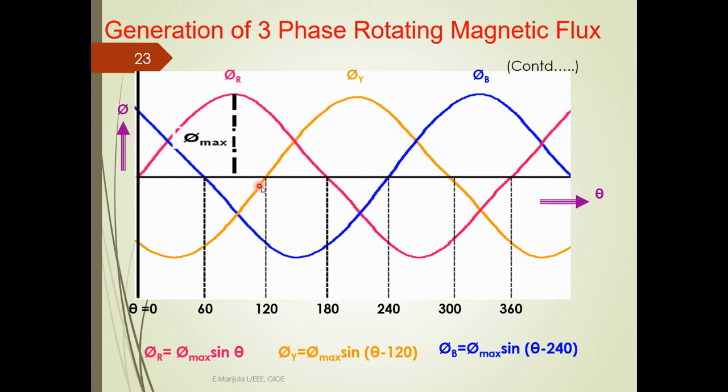Okay, so here after the starting of phi R, phi Y has been started, and then phi B has been started. Okay, so in the x-axis the angle representation has been given, and in the y-axis the phi has been taken. So phi R, so we know the current IR can be written as I maximum into sine theta.